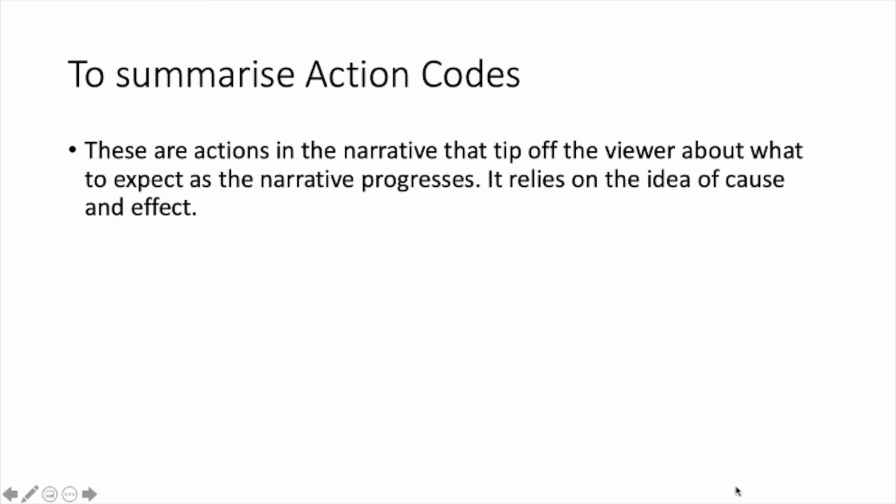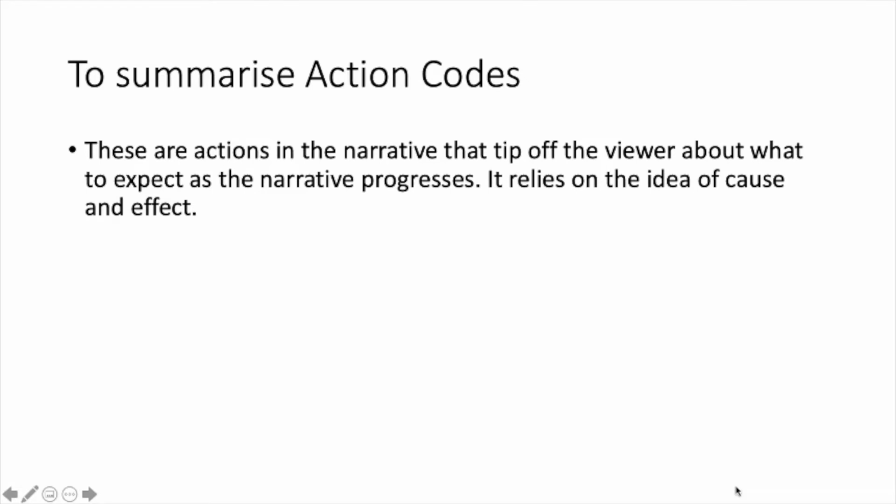Now, that's quite a complex way to describe it, but I do think that just because of how simplistic an action code can be, it really is just something which signifies progression in the story, in the narrative. Okay, and action codes rely on the idea of cause and effect.